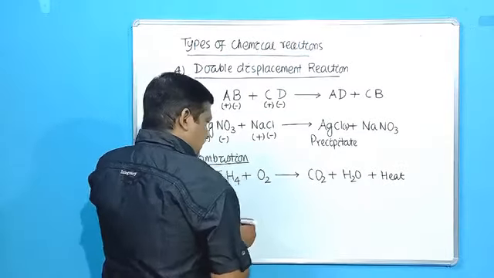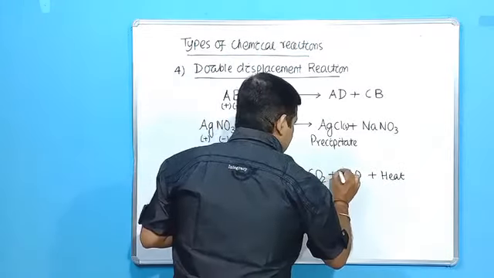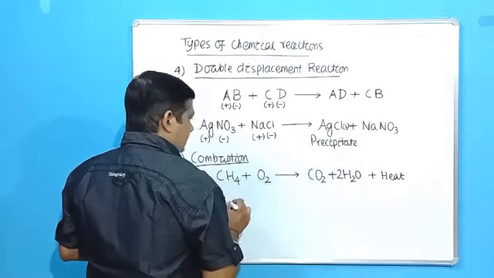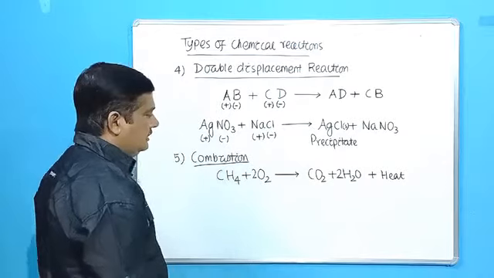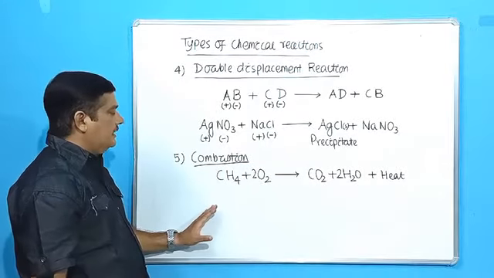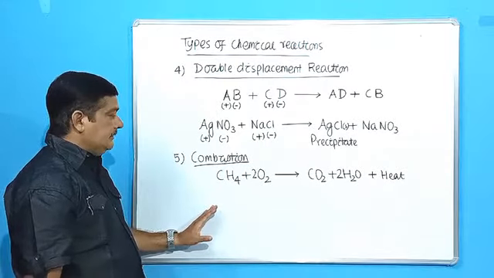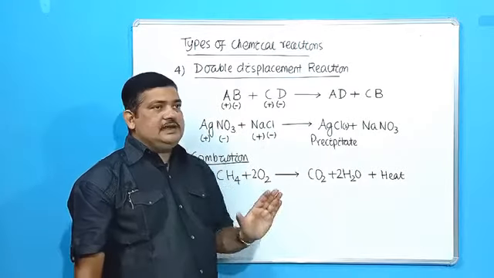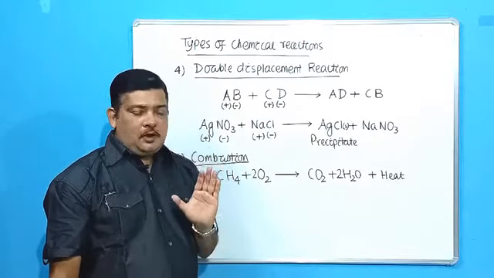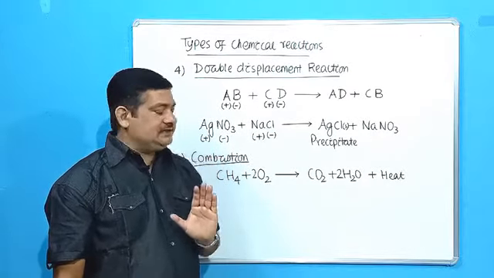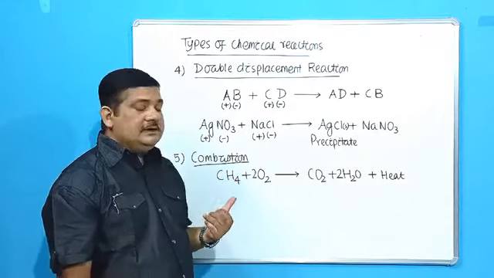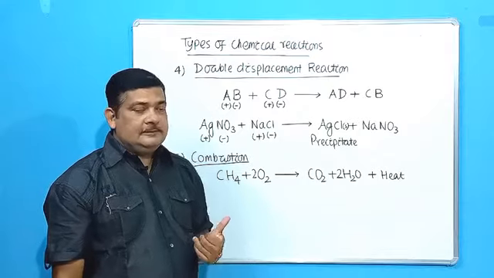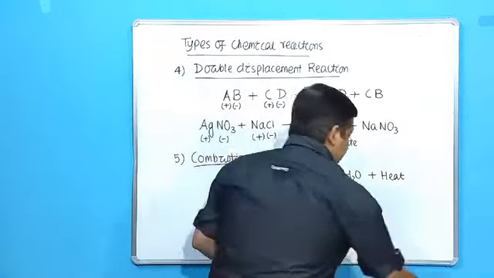Now balance it: 2H2O, then 2O2. It is balanced now. Okay. So this is an example of a combustion reaction. Any substance which reacts in presence of oxygen to produce heat or light, that reaction is called a combustion reaction. Normally the fuels undergo combustion to produce heat and light.